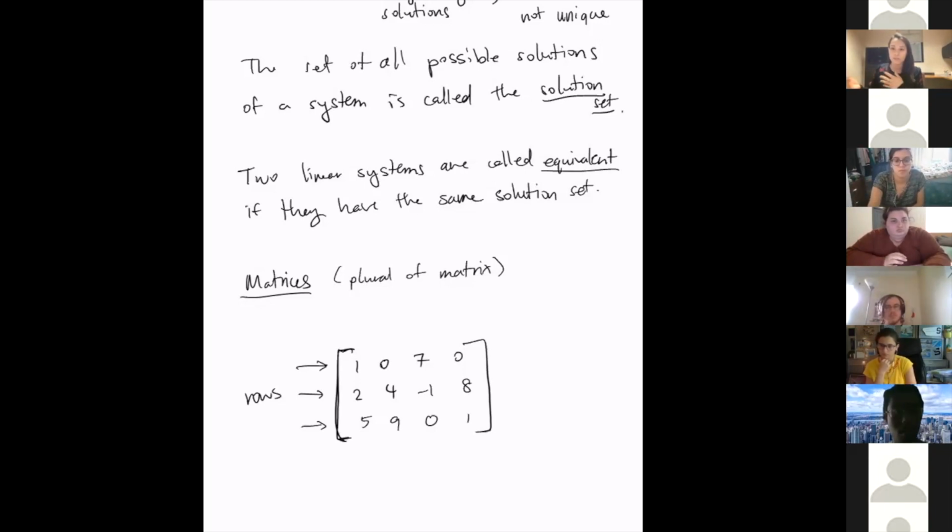In the case of no solutions, we just write an empty set. Yeah, exactly.